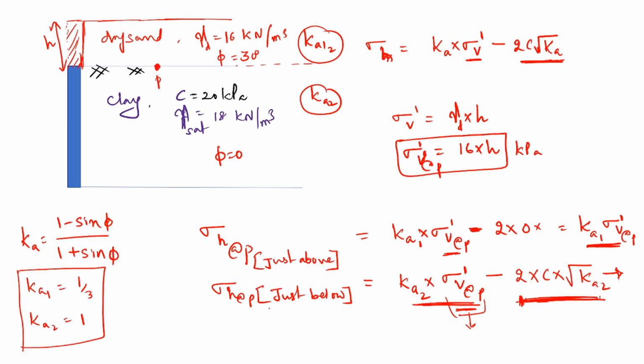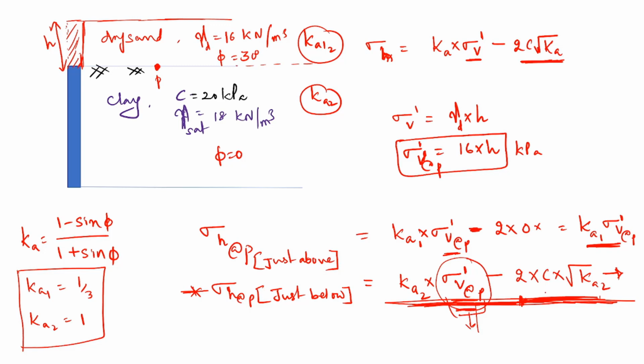That minimum horizontal earth pressure should not be less than 0. If it is less than 0, tension crack will form. So this minimum possible horizontal earth pressure, as you go down, again it will increase. Above this it is already positive, below this it will increase. Only at this particular junction, the minimum possible value of sigma h will be there.